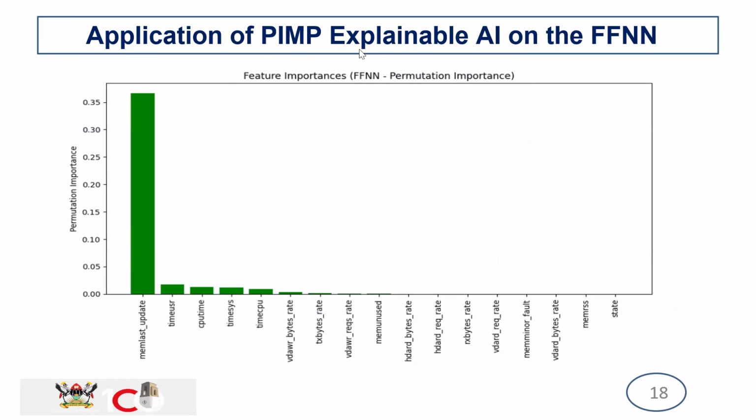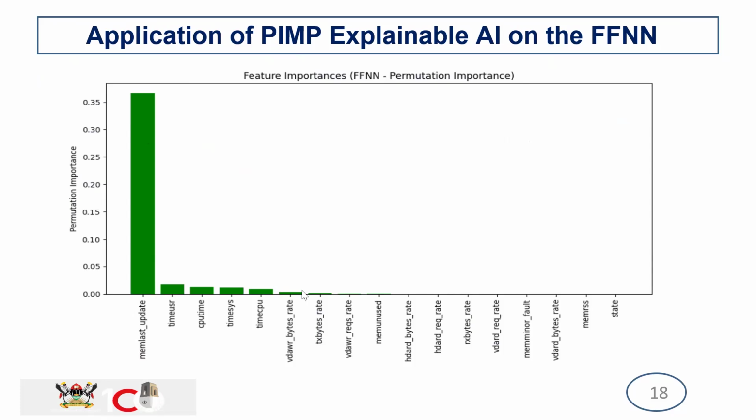I implemented feature permutation importance explainable artificial intelligence using the feed-forward neural network, and still memory last update is one of the most dominant features for the model, which the model relies on to make its prediction. The feature permutation importance works in such a way that it shuffles the dataset.